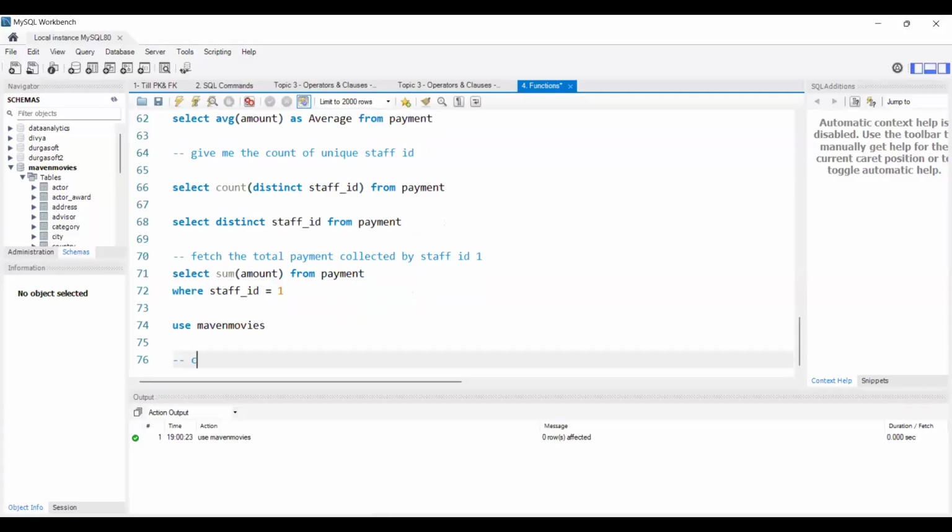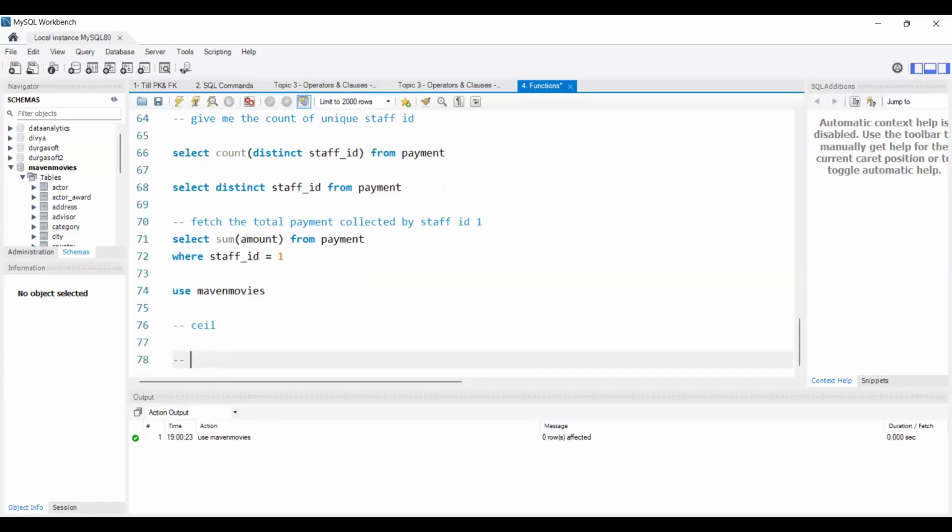Next we have functions like ceil and floor. First let's see about ceil. Basically we know about round, right? Whenever we are rounding any number, suppose 4.8 is there, we will round it to 5.